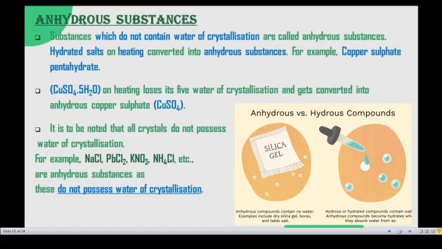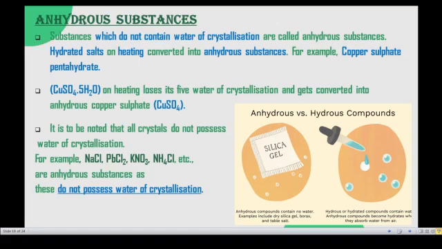For example, copper sulfate pentahydrate, CuSO4 dot 5H2O. On heating, it loses its 5 water of crystallization and gets converted into anhydrous copper sulfate, CuSO4.